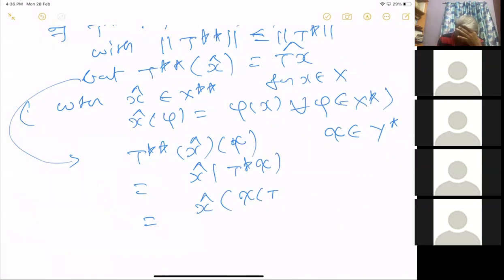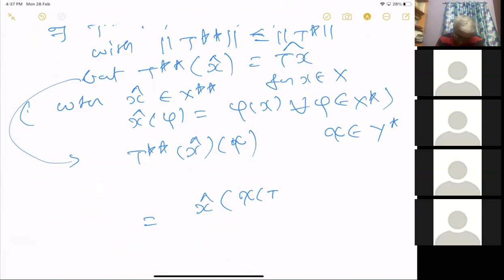Wait, the second line, x hat of chi of T star. No, there is no hat, no T star. Wait, I'm getting confused.